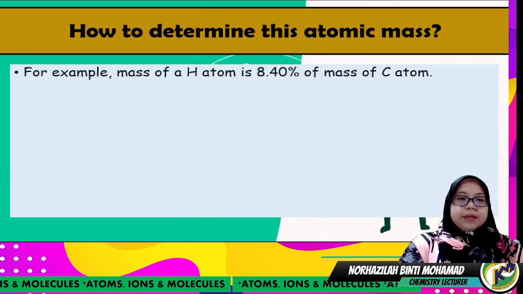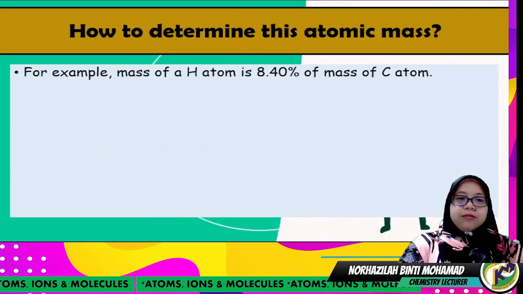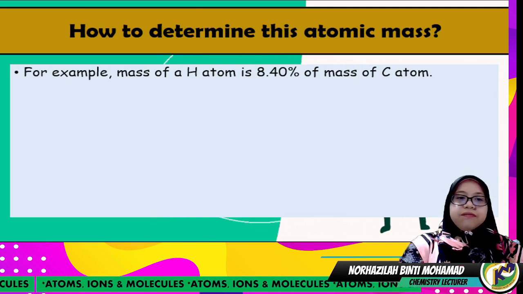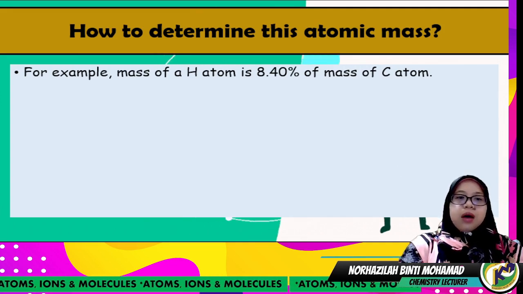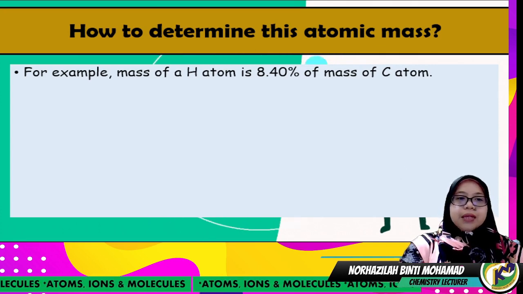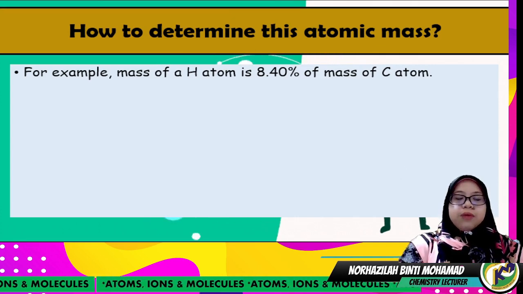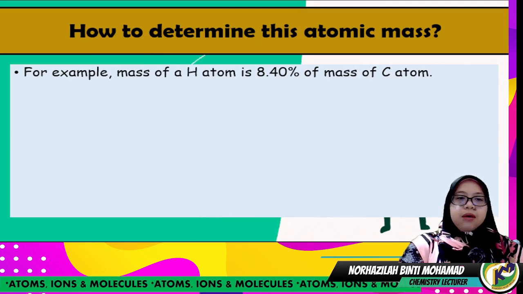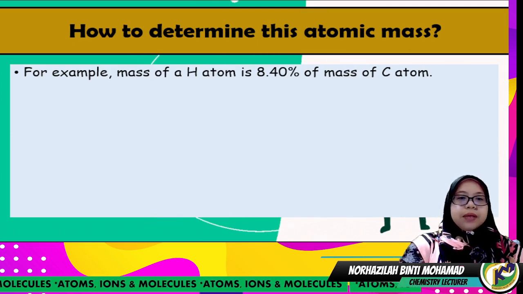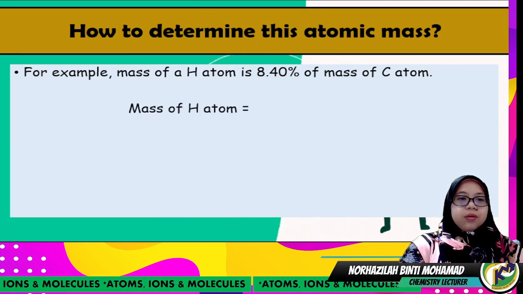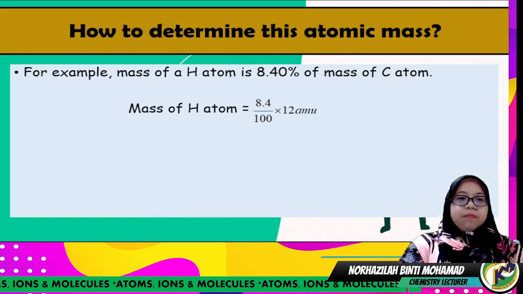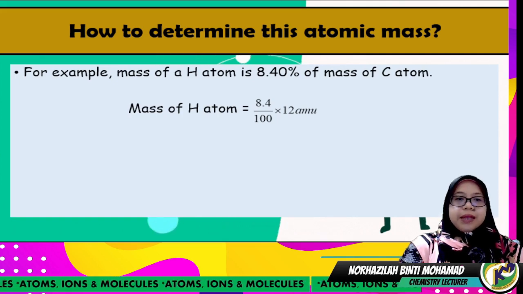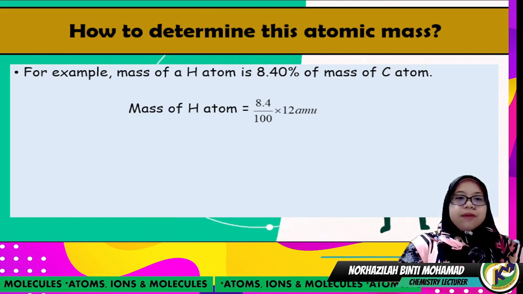For example, the mass of a hydrogen atom is 8.4% of the mass of a carbon atom. So how do we calculate the mass of the hydrogen atom when we compare it to the carbon-12 atom? The mass of the hydrogen atom is 8.4% of the mass of the carbon atom.